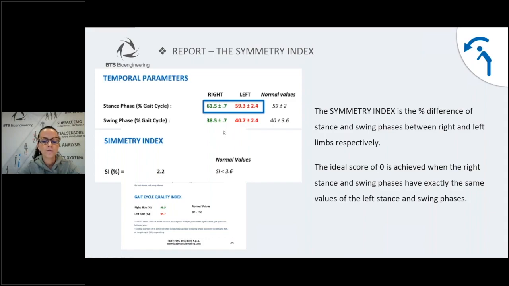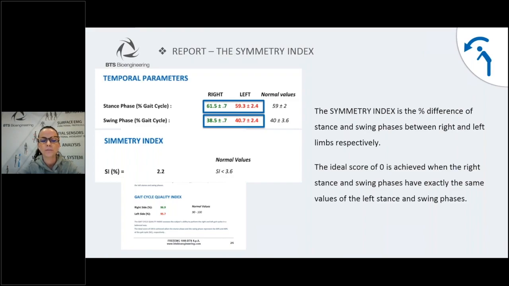Obviously, this difference is the same between the two swing phases, since both the sum of the stance and swing phase of the right limb and the sum of the stance and swing phase of the left limb are equal to 100.